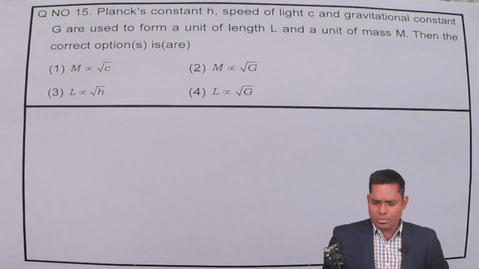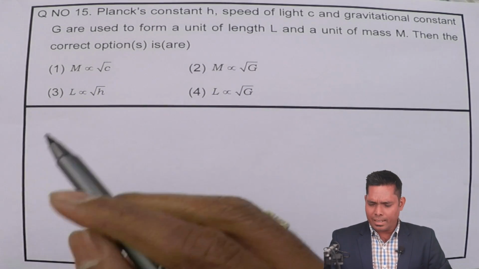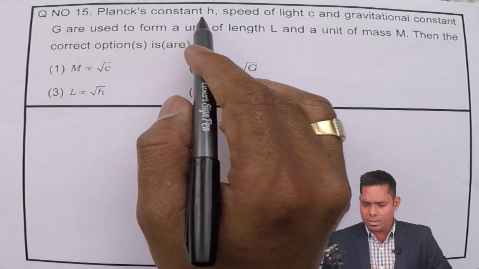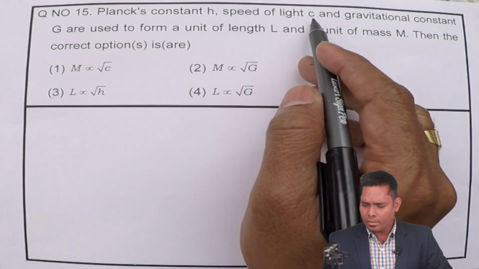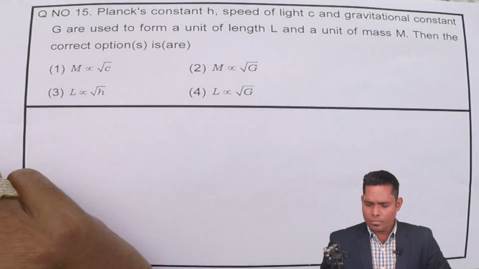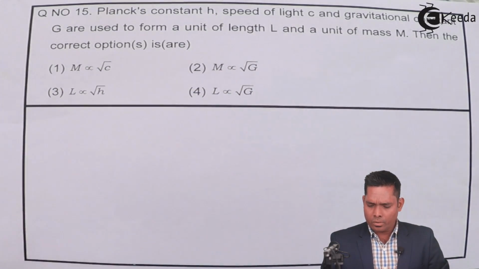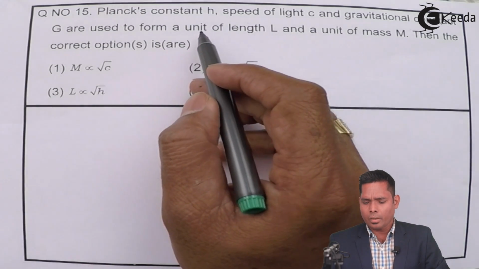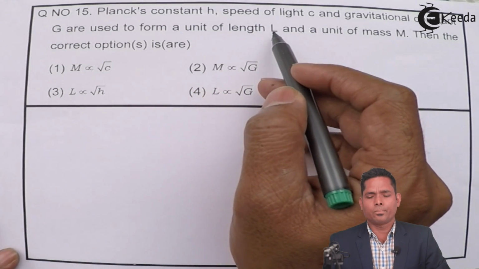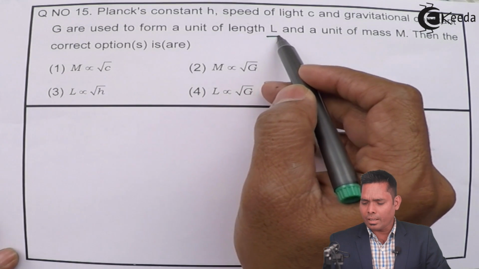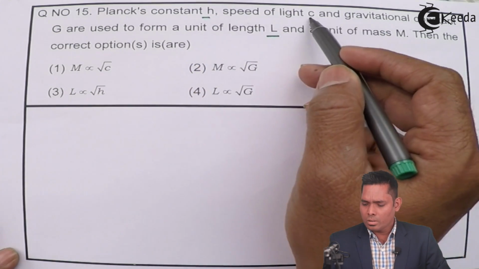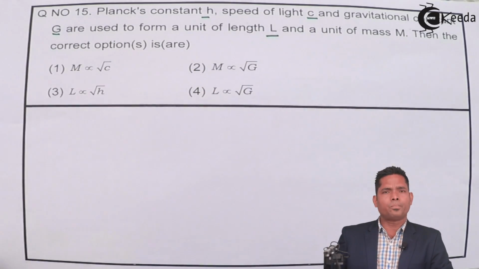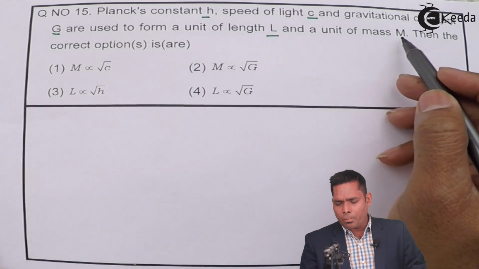Students, let us solve question number 15, which says that Planck's constant h, speed of light c and gravitational constant G are used to form a unit of length L. This means L is to be expressed in terms of h, c and G, and a unit of mass m.